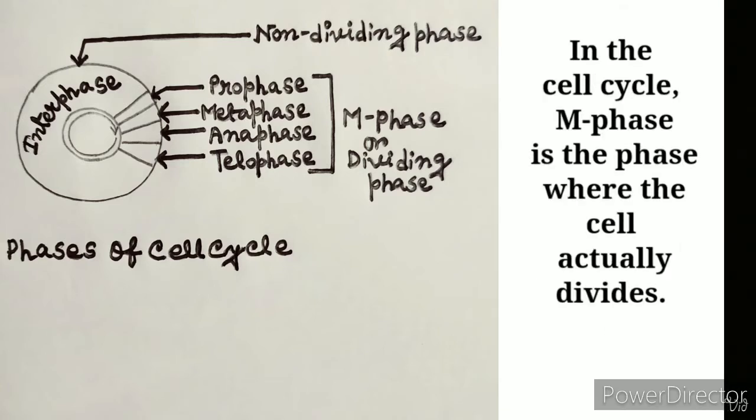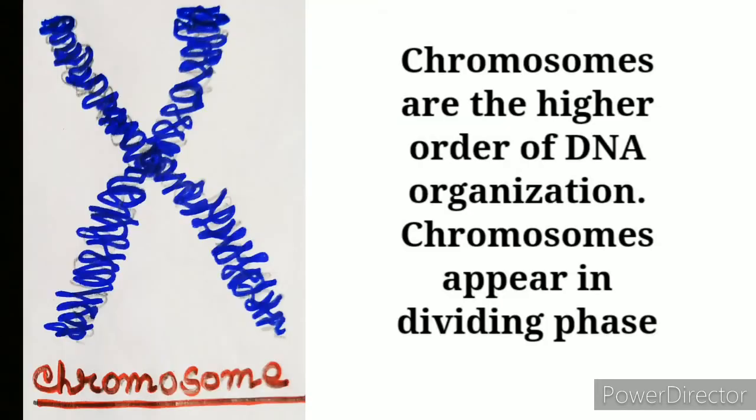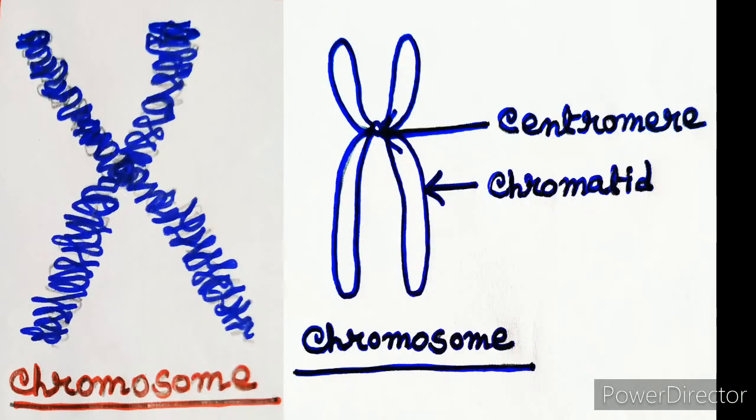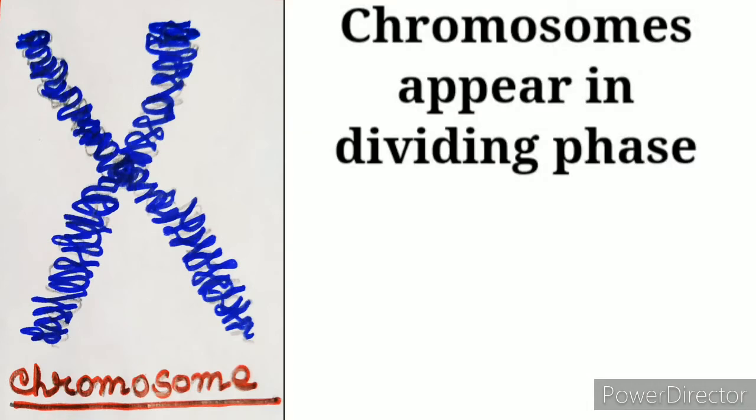The M phase is the phase where the cell actually divides. The chromosomes are the higher order of DNA organization. The chromosomes are formed during the cell division and appear in the prophase stage of mitosis and the leptotene stage of prophase 1 in meiosis.